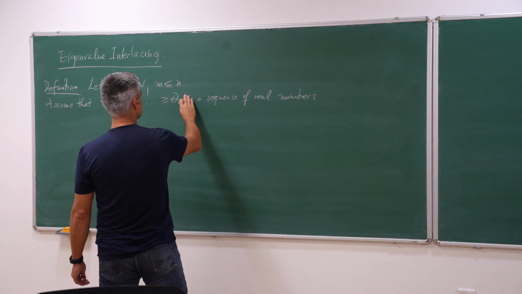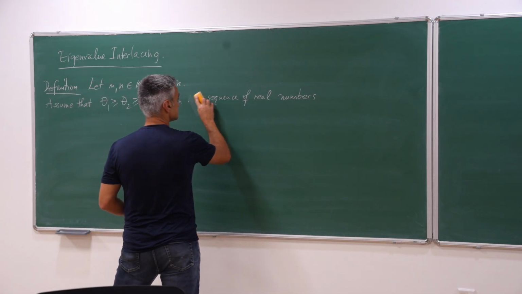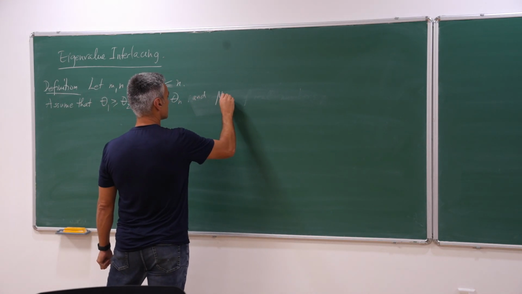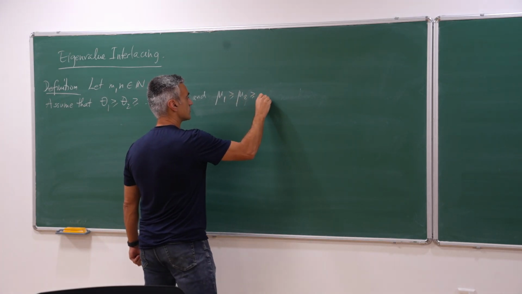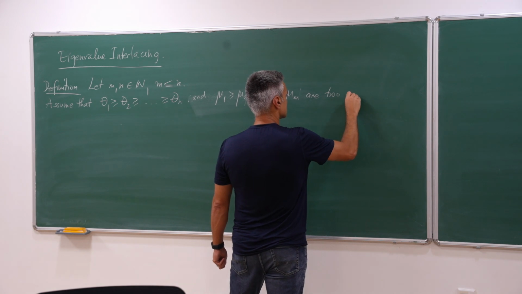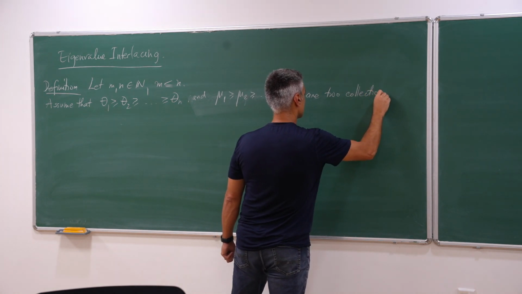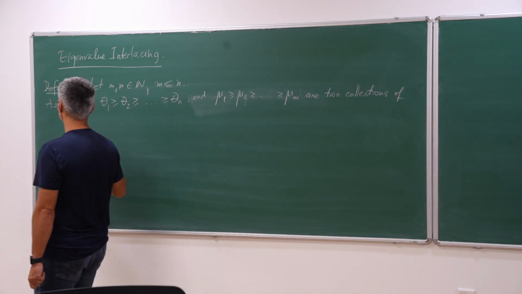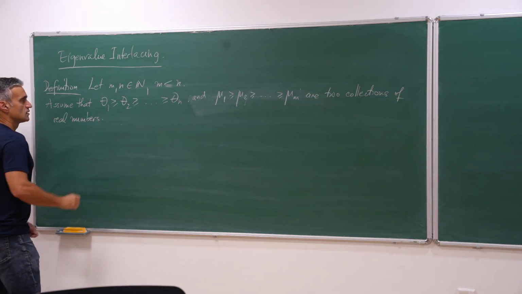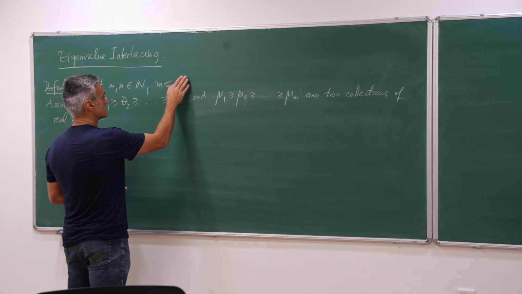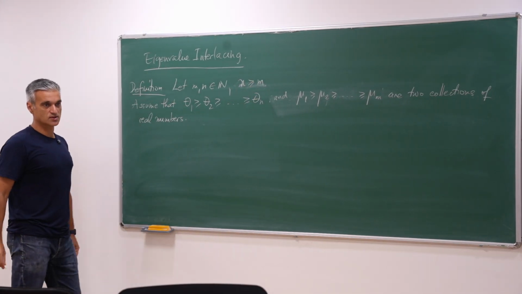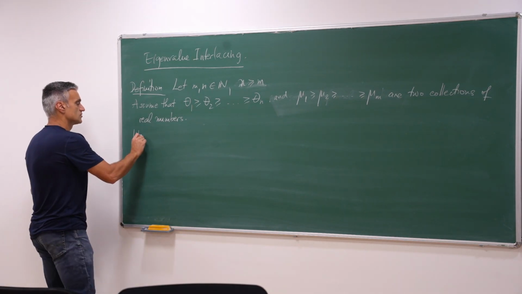And mu 1 greater or equal to mu 2 greater or equal to mu m are two collections of real numbers. So again, n is greater or equal to m, so that we have more thetas than we have mus.